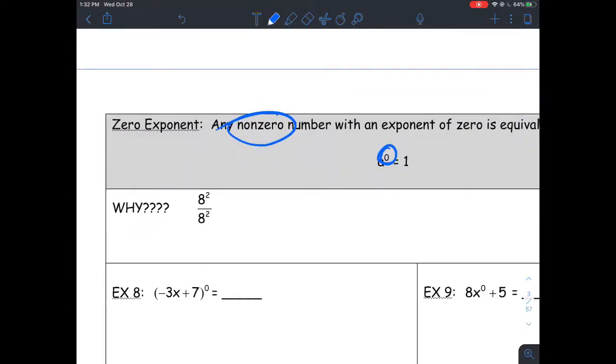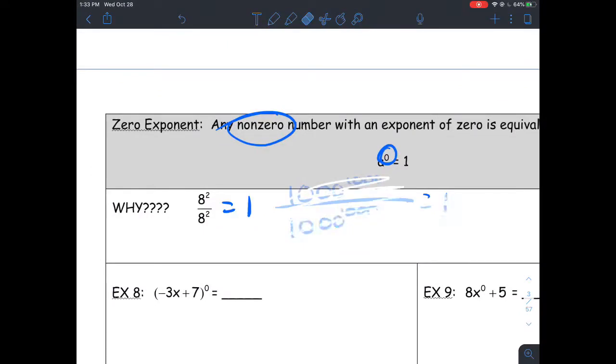Well, let's think about it. If we did 8 over 2 divided by 8 over 2, anything over itself is going to give you 1, right? If I did 1,000 to the 1,000th power over 1,000 to the 1,000th power, that would also give us 1 there, right?